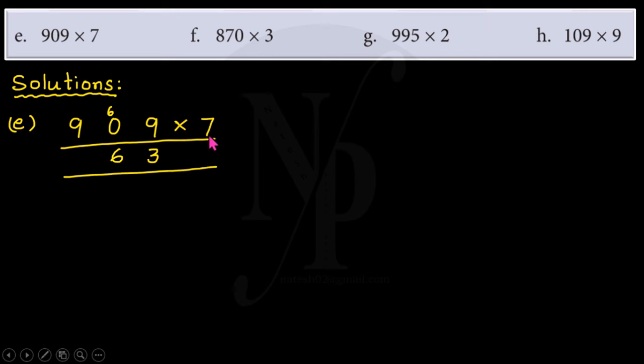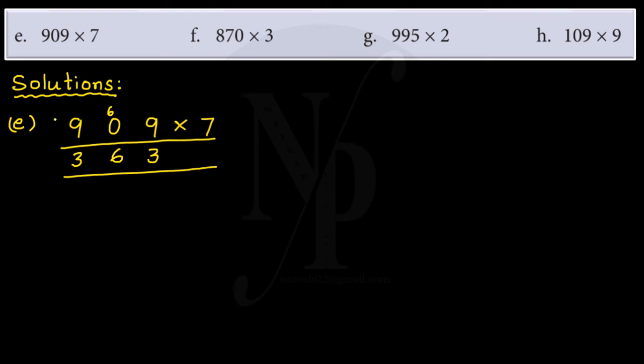And now again multiplying 9 in the hundreds place by 7, you get 7 nines are 63, isn't it? So 63 hundreds are regrouped as 6,000s and 300s. We write 300s in the hundreds place and we carry forward 6,000s to the thousands place.